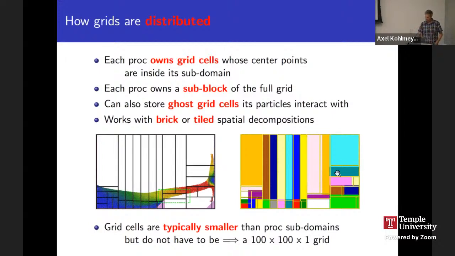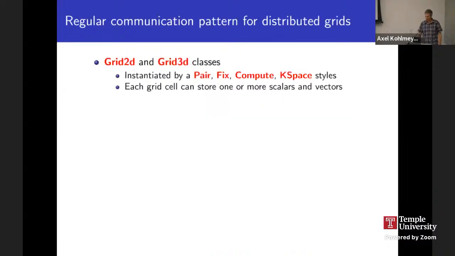You could, for example, in 2D, partition this with a grid that was 100 in X and just 1 in Y, and the grid cells would be basically long, skinny. Okay, so there's two classes that have been added to LAMMPS fairly recently, Grid 2D and Grid 3D, that offer support for these distributed grids the last few years.